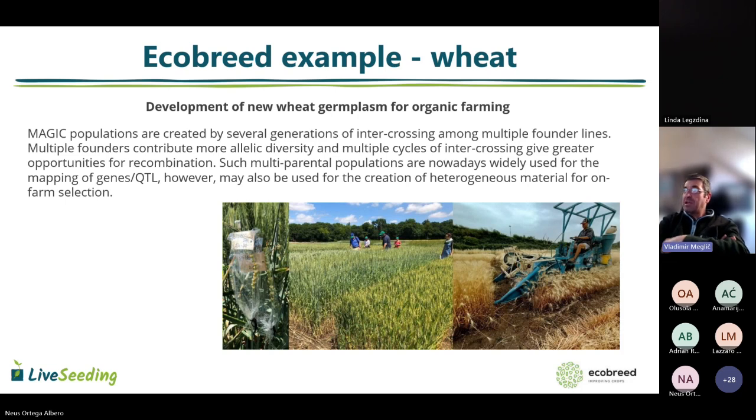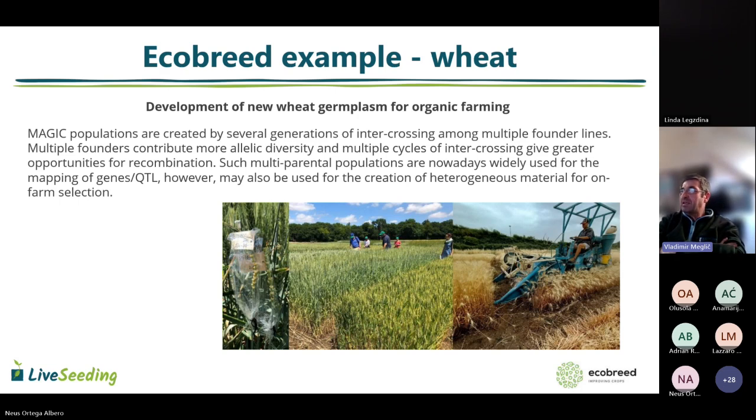So this was really well described in a previous talk. And such multiparental populations are nowadays widely used for the mapping of genes or QTLs, and may also be used for the creation of heterogeneous material for on-farm selection.